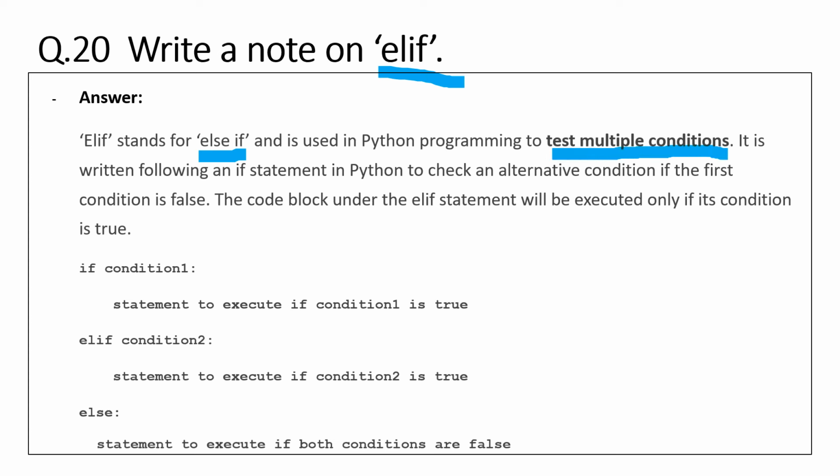It is written following an if statement in Python to check an alternative condition if the first condition is false. If the first condition is false, it will go to check the next condition which is available. The code block under the elif statement will be executed only if its condition is true.